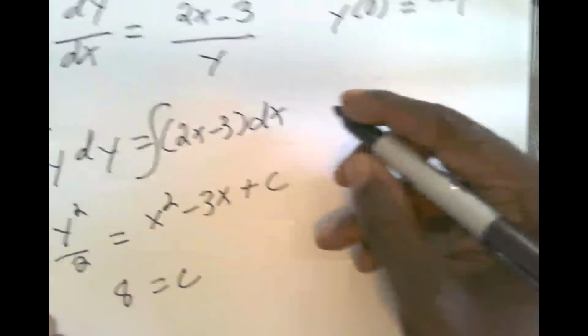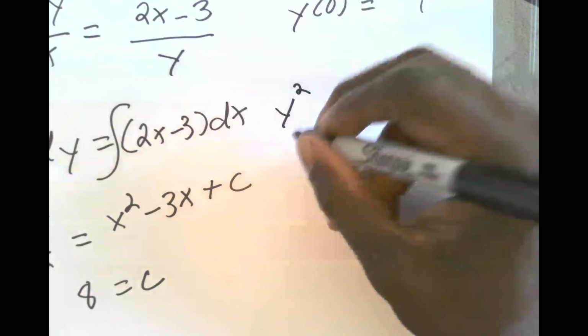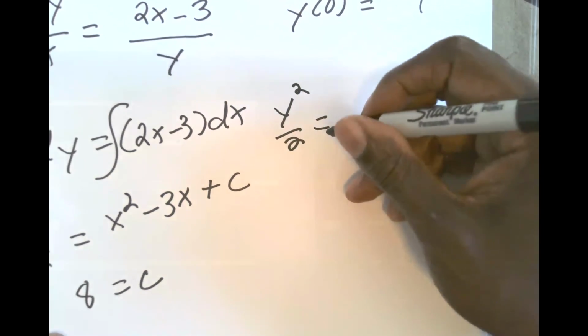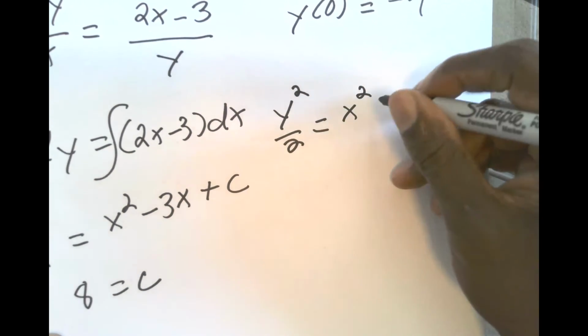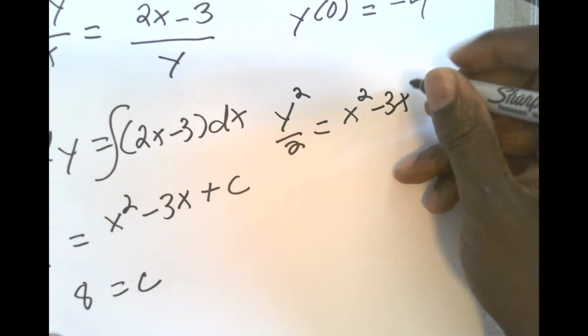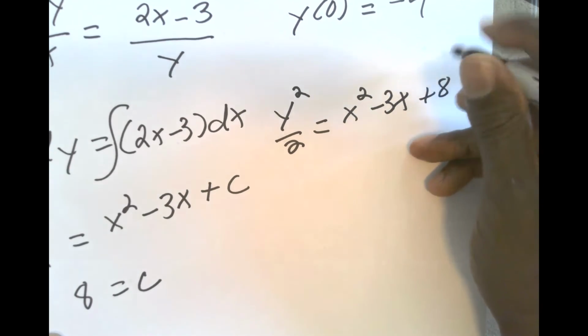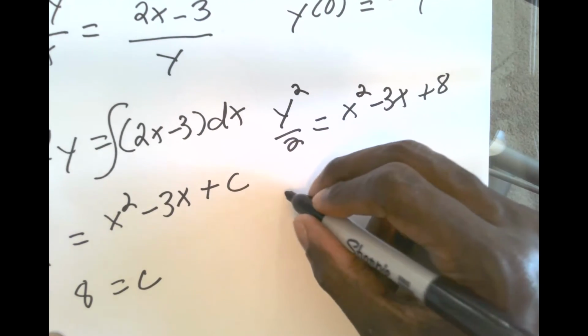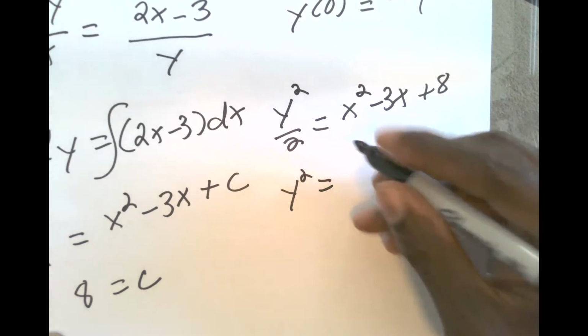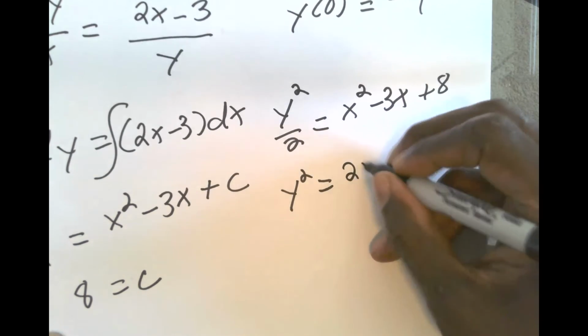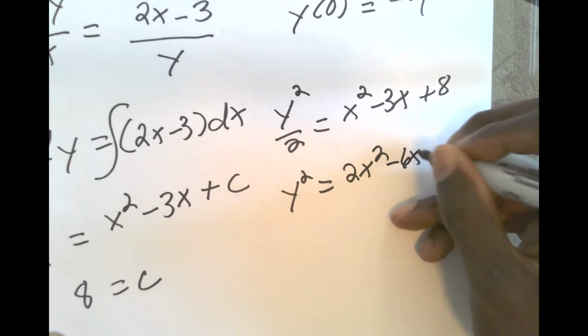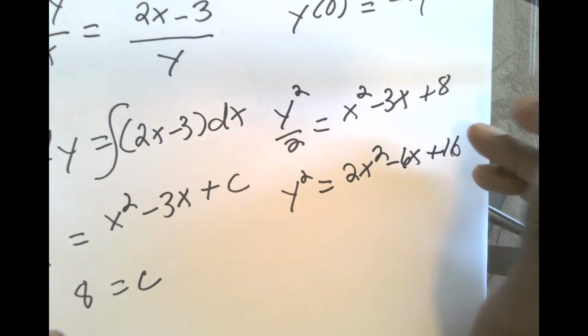So y squared over 2 equals x squared minus 3x plus 8. Let's multiply by 2. So y squared equals 2x squared minus 6x plus 16.